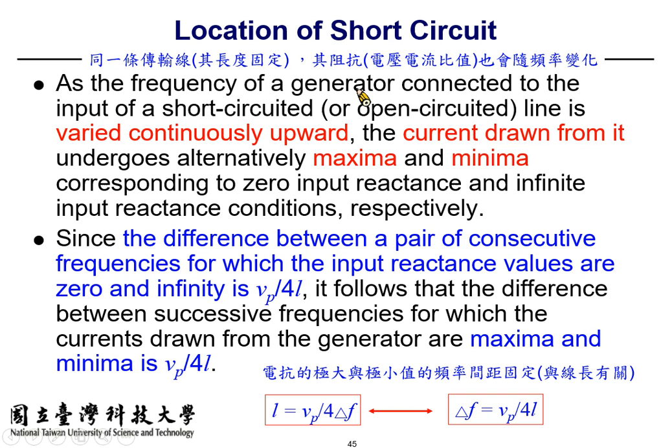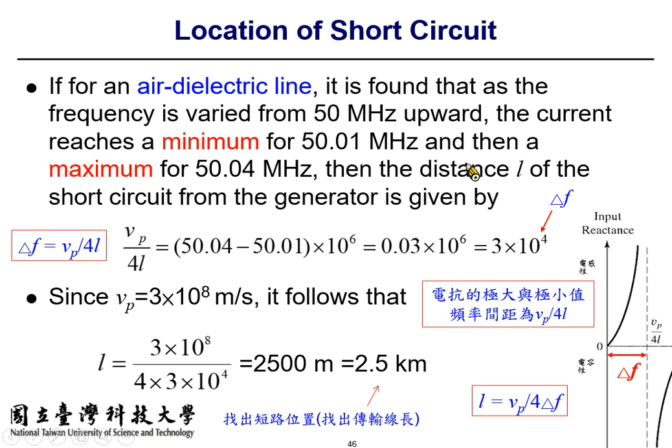So this expression can be modified a little bit to show that the length of the transmission line equals Vp over 4 times the frequency difference. So let's substitute a few numbers. For an air dielectric line, what is the implication of an air dielectric line?